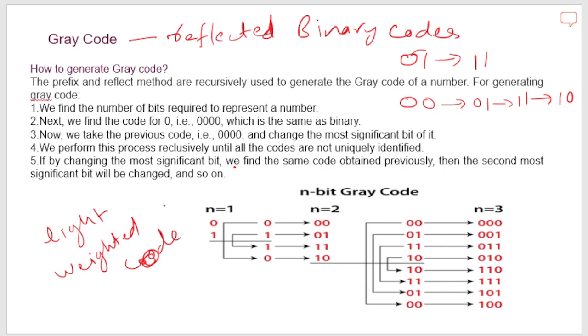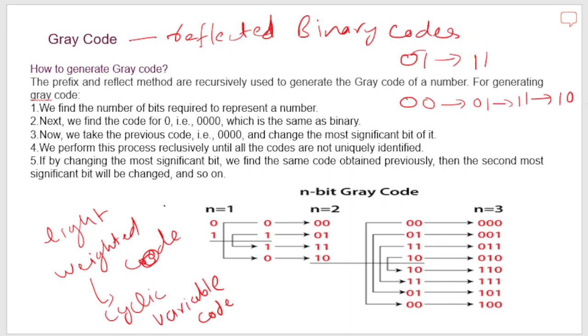This is also called cyclic variable code. Okay guys, why cyclic variable code? As the transition of a value to its successive value carries a change of 1 bit only.